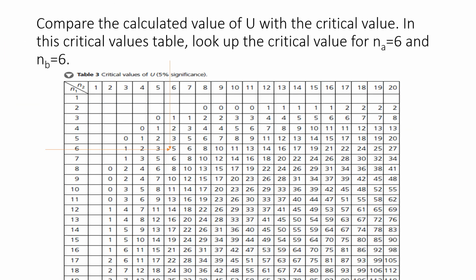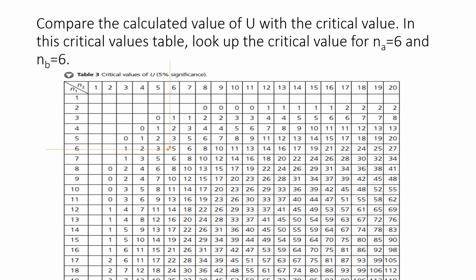So now we're going to look at this critical values table. We're going to look at N1 is 6 because we had 6 participants in group 1 or group A, and then we're also going to look at N2 is 6 because we had 6 participants in group B or group 2.